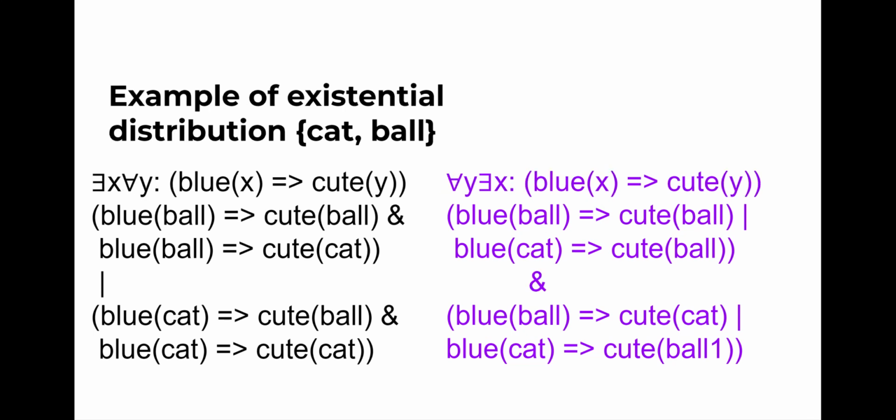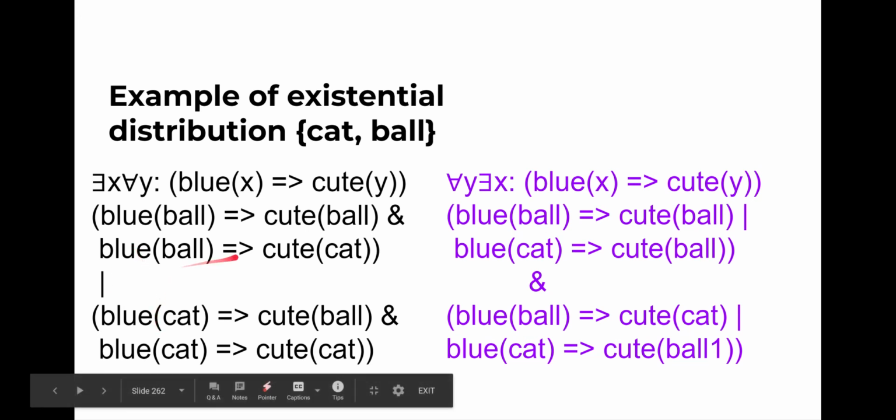The more interesting case is the case of existential distribution. Here, the black logical sentence can be converted into the purple, but you cannot always convert the purple logical sentence into the black one, and that's because we have the disjunction of these two conjunctions.